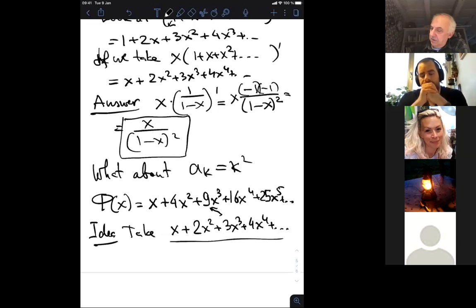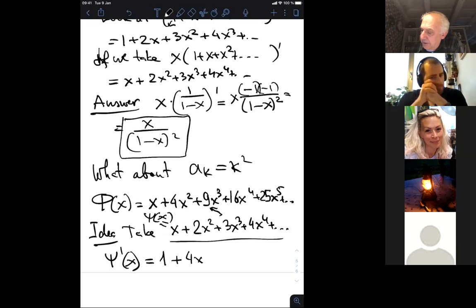If we take this thing, let me denote it by psi of x. Then the derivative psi prime of x is 1 plus 4x plus 9x squared plus 16x cubed plus 25x to the fourth, and so on.